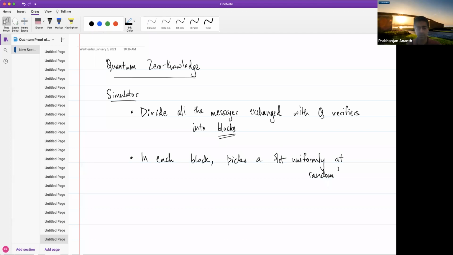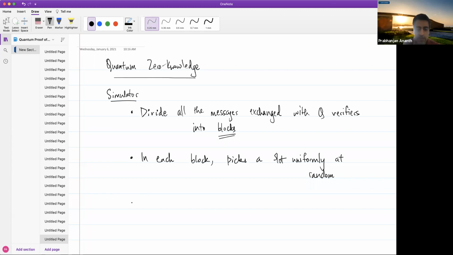It could be WI messages from the first stage and so on. So the simulator is only going to look at the messages where the entire slot is contained inside. If one message of the slot is contained in this block and another message in a different block, it's going to completely ignore this. So the entire slot should be contained in this block. It looks at all the slots within a block, and it's going to pick one of them uniformly at random.